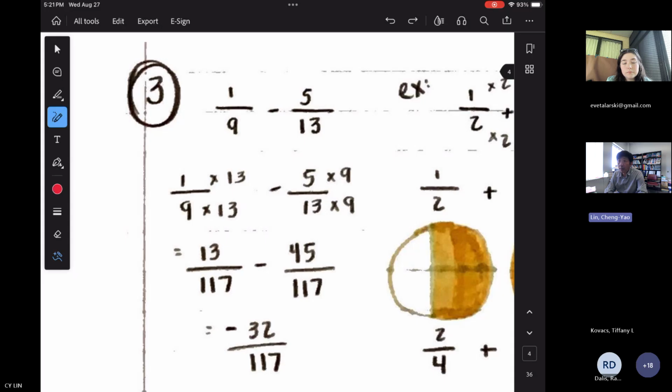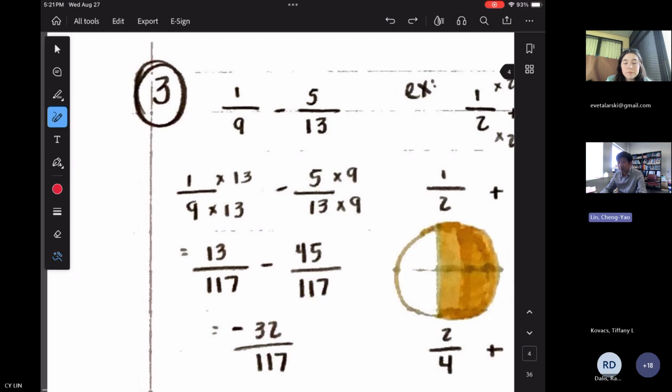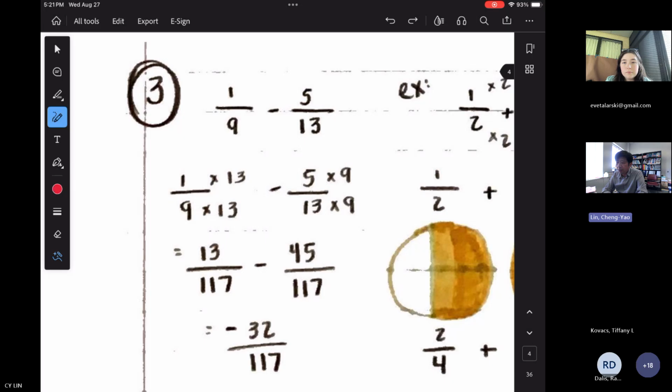I got feedback from a student who just finished their content test: Dr. Lin, you're right, there are a lot of problems on fractions and decimals.